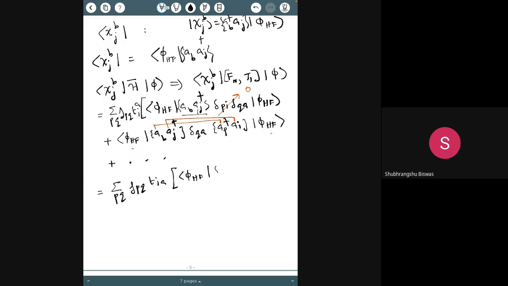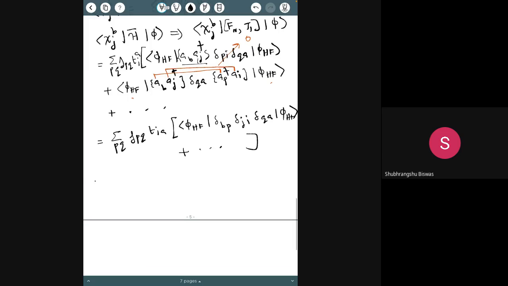I have delta BP, delta JI, delta QA, phi Hartree-Fock. This is one term, and you have another one coming from the other component. Phi Hartree-Fock is normalized, so that's one.